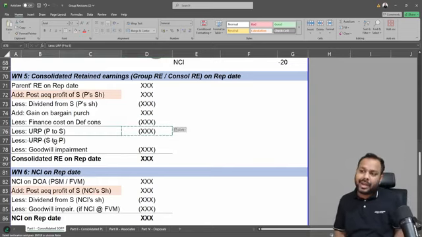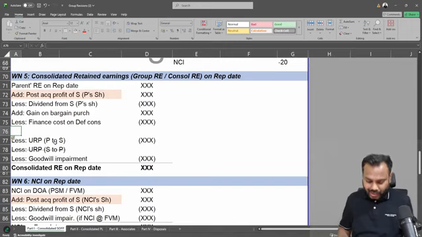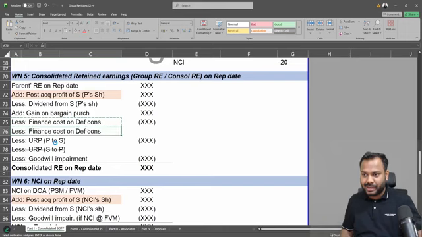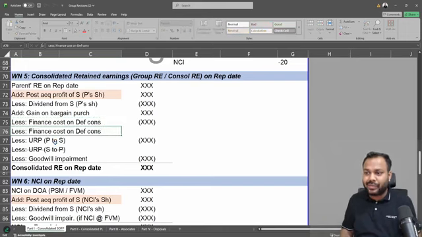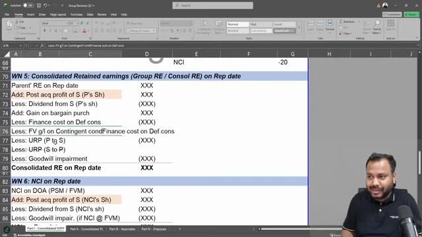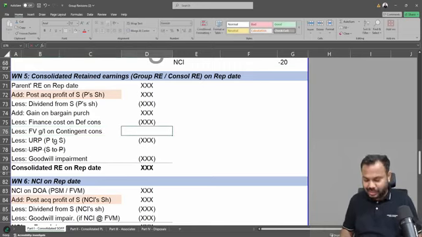Now, if we have finance cost on deferred consideration, similarly we can also have something else. Can you please tell me, the small brother of deferred consideration is what? Fair value gain or loss on contingent consideration, right? So this can also come up.